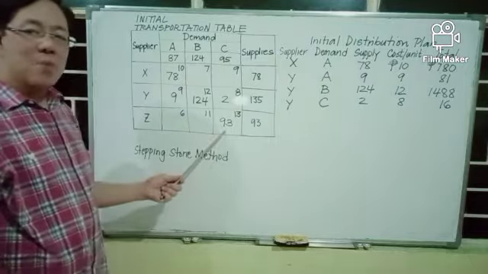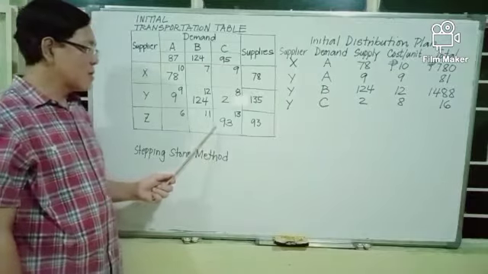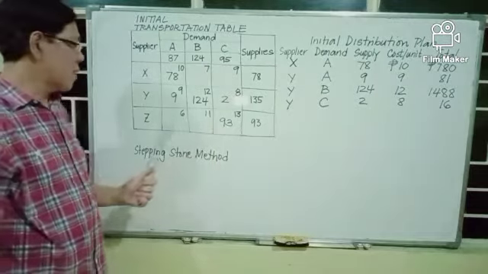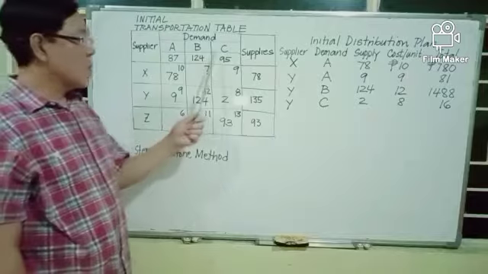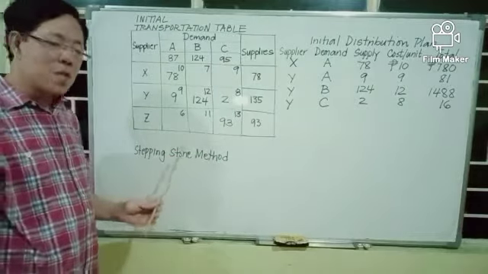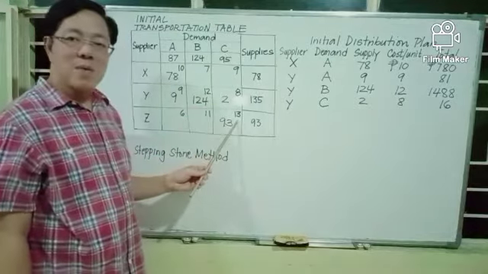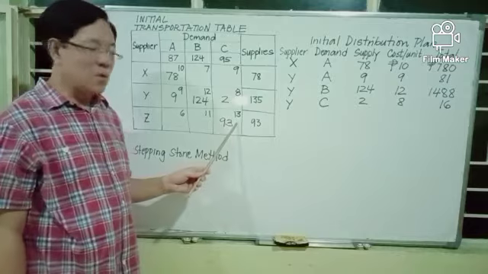And the last occupied cell is this cell with 93 units, which means that we supply 93 units from supplier Z to customer C. And the cost of transporting 1 unit from supplier Z to customer C is given by the cell cost of 13 pesos.